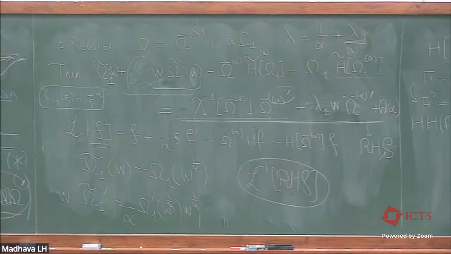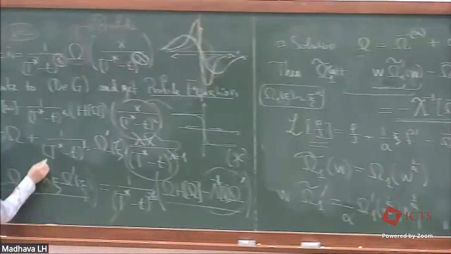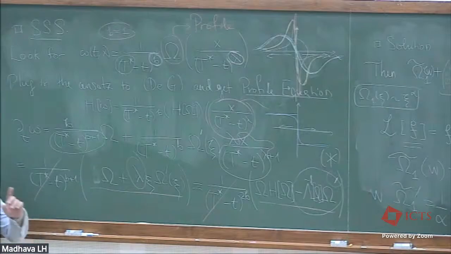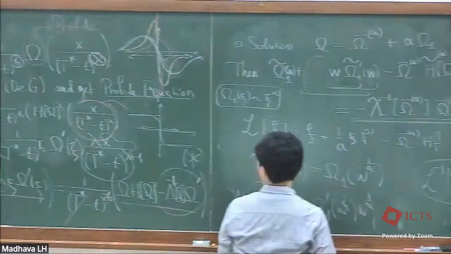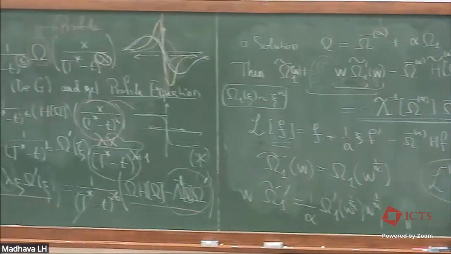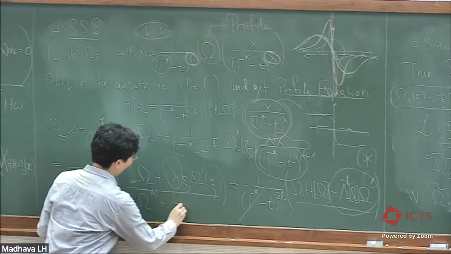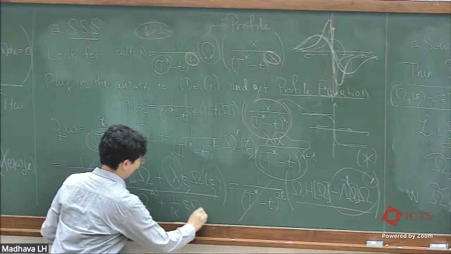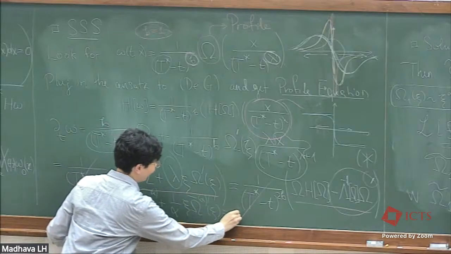Otherwise, simply there is no solution. Because that's a very good question. Because our equation has lambda, and you compare it with the equation solved by the profile. The profile satisfies omega bar alpha plus 1 over alpha c omega bar alpha c prime and some right-hand side.